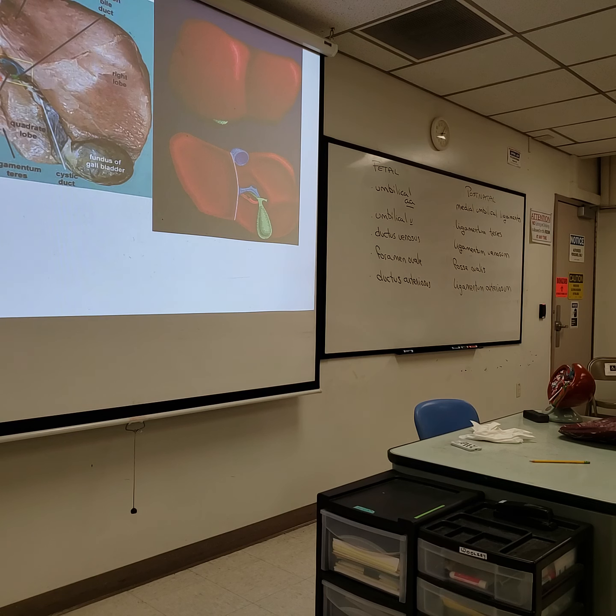This is just showing the porta hepatis, where the hepatic artery and portal vein come in. So coming up from that area would be the umbilical vein, becoming the ligamentum venosum, and emptying into the inferior vena cava, we have the ductus venosus or ligamentum venosum.